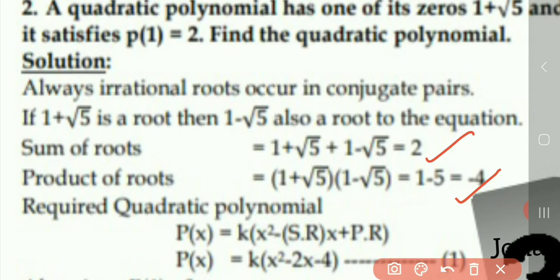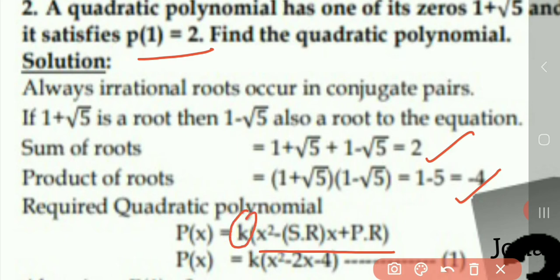So we know that the quadratic polynomial is nothing but x square minus sum of the roots into x plus product of the roots. Here it satisfies p of 1 equal to 2, which is given. So I want to take like this, always some constant will be there, either it may be 1 or something.